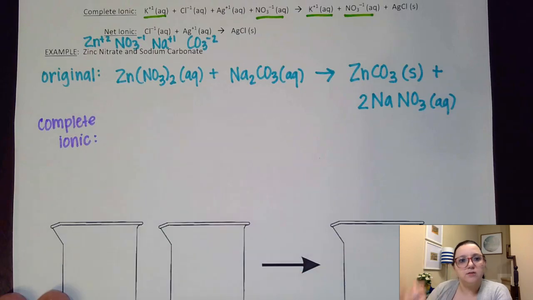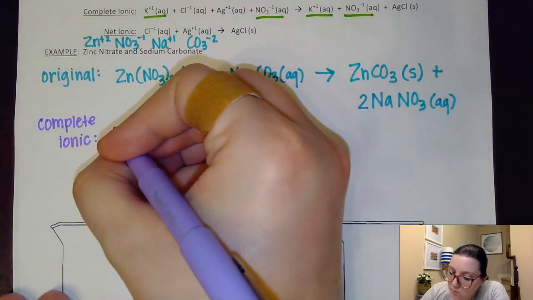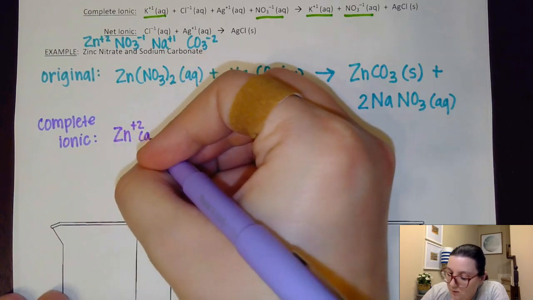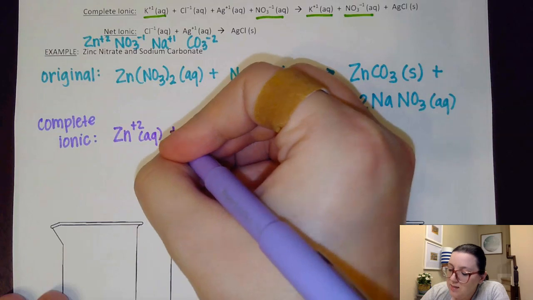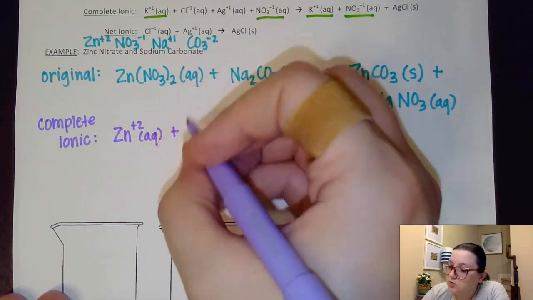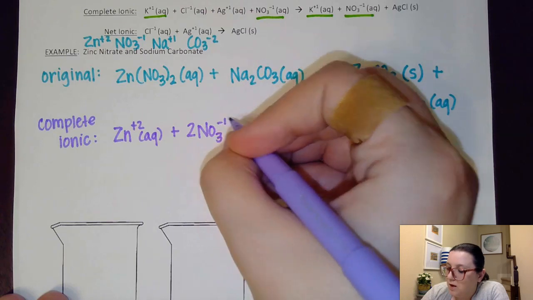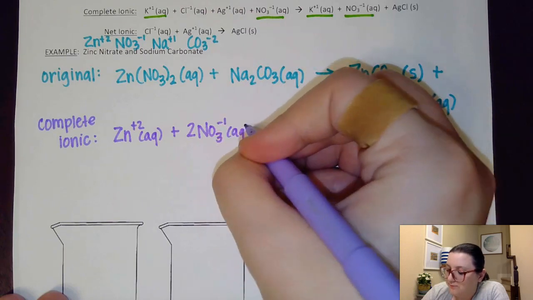And if I think about dissolving equations back from Unit 3, I would say, hey, I have one zinc ion that was +2, and it would have an aqueous charge. And then it would also break up into 2 of those nitrate ions, also with an aqueous charge.